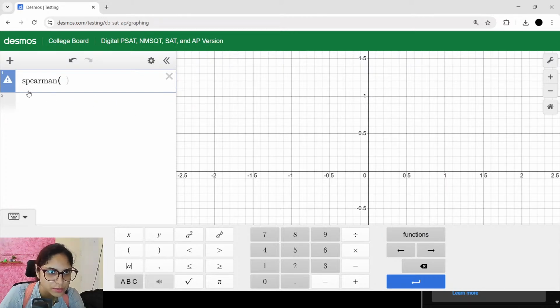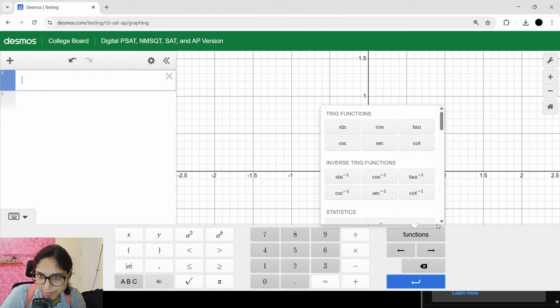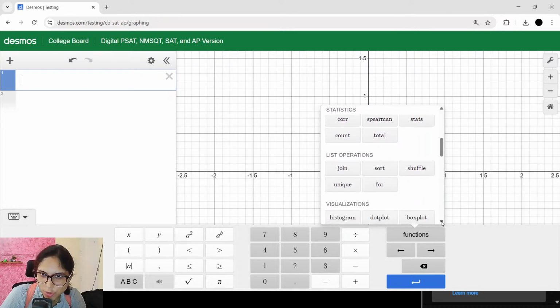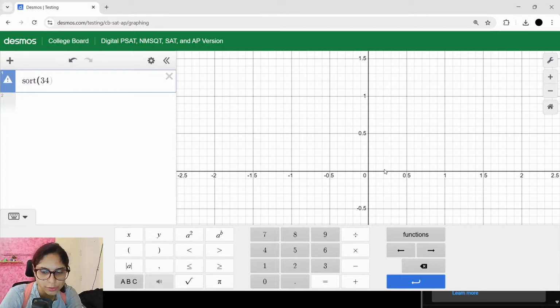Spearman, this is for, okay, again, go to the warning sign. Again, you have to give two lists because it is also going to give you rank. List operations, we won't be doing this for now. Sort, as in you can sort them. For example, again, you write it over here like this.